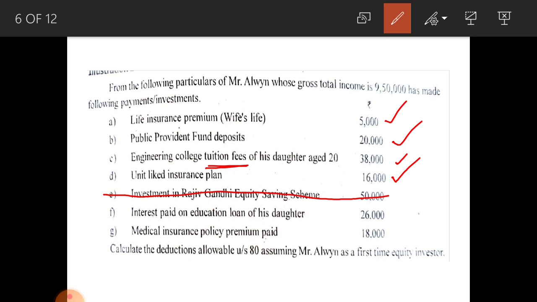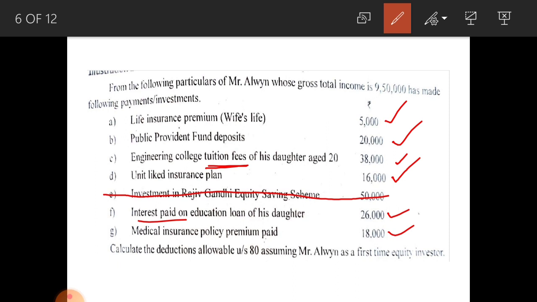Interest paid on education loan of his daughter, that is 26,000 education loan interest eligible under section 80E. Next one, medical insurance policy premium paid 18,000, up to 25,000 they can claim. 18,000 is below 25,000, so under section 80D he can claim this deduction.